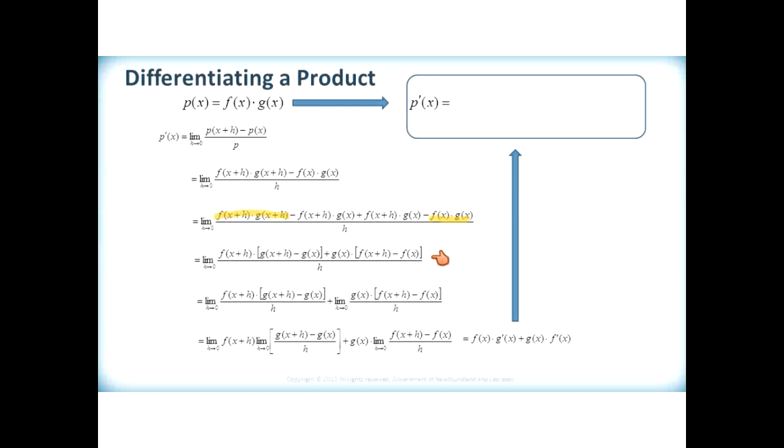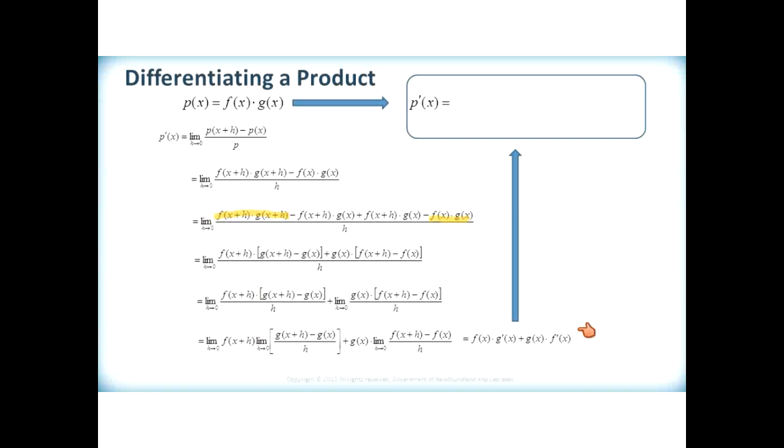We remember our limit laws say that the limit of a sum is the same as the sum of the limits. So we can do that. And then if we evaluate each of those two limits independently, what we end up with is a formula that looks like f of x times g prime of x plus g of x times f prime of x.